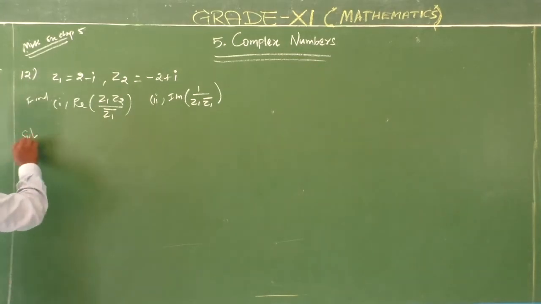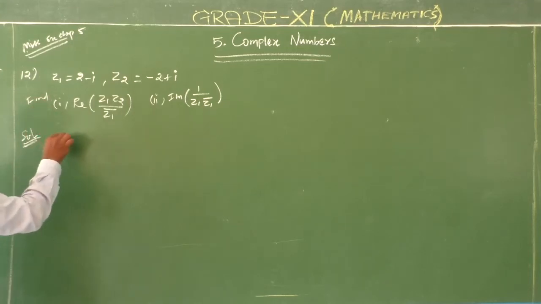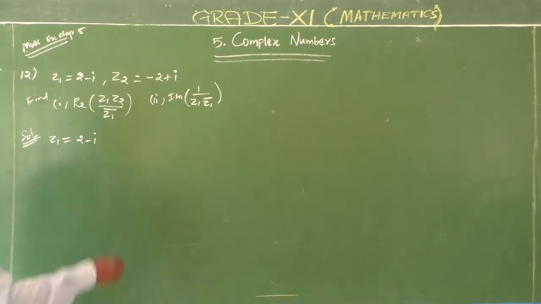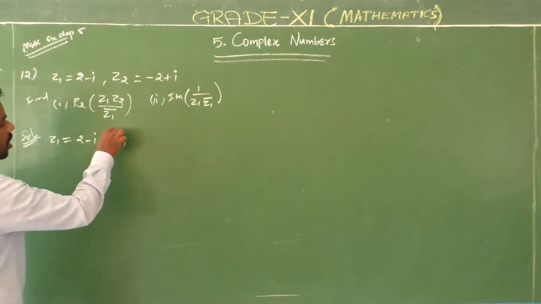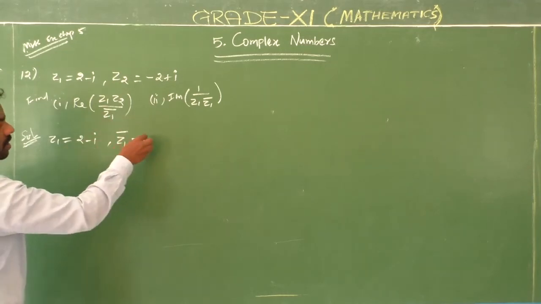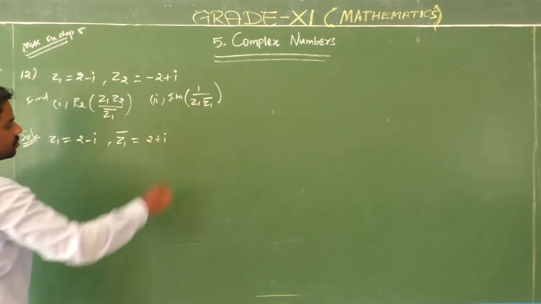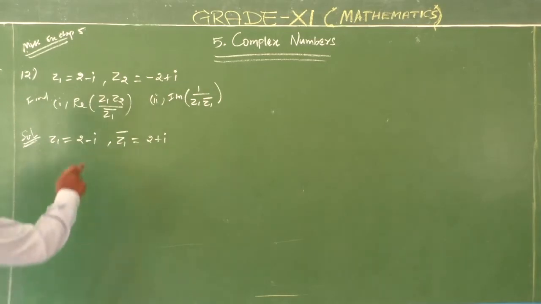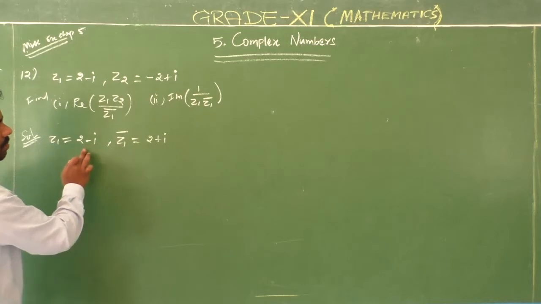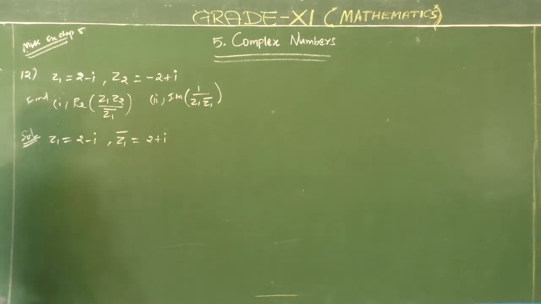Solution: Z1 is equal to 2 minus i. Then the conjugate of this complex number, Z1 bar, is equal to 2 plus i.